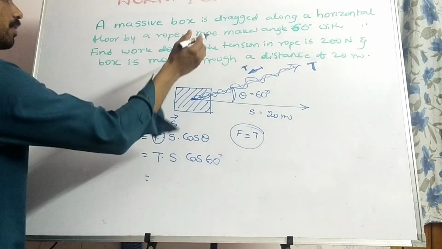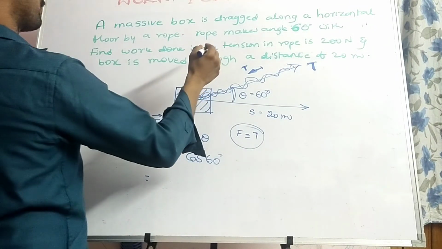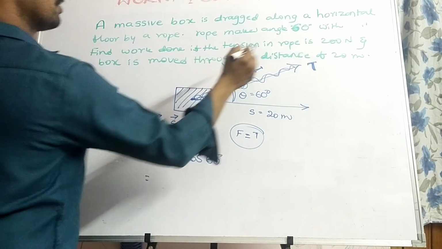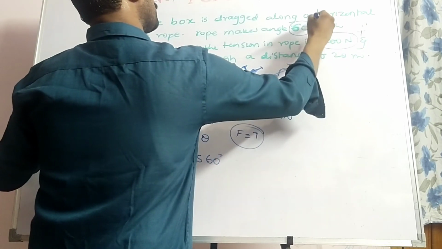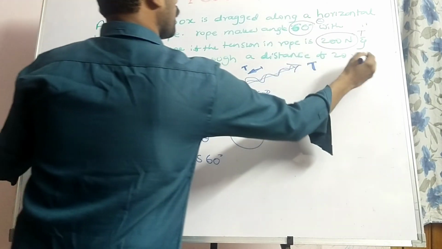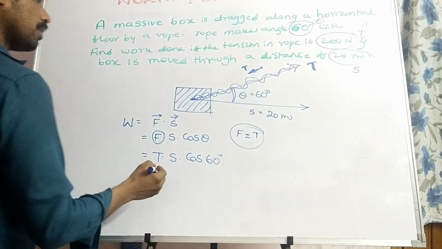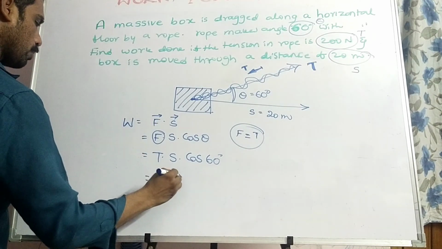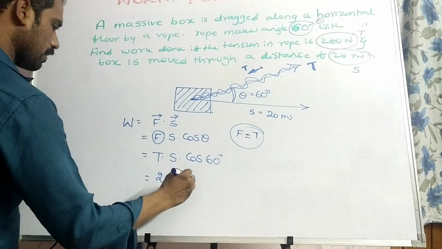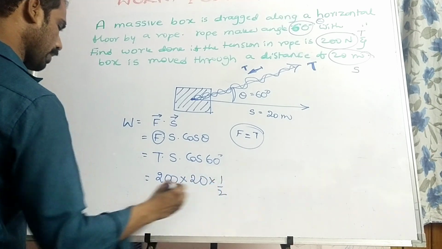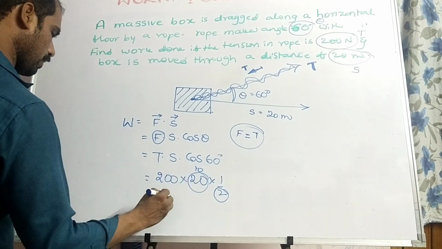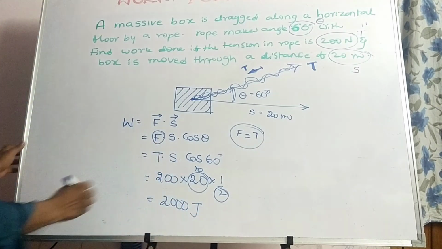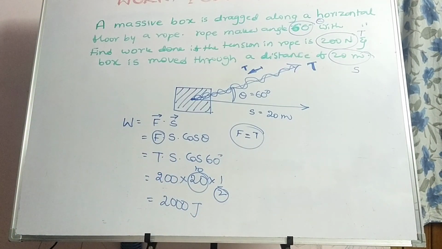The tension in the string is 200 Newton, theta is 60 degree, and displacement is 20 meters. So 200 into 20 into 1 by 2, that is 2 ones 2 tens, equal to 2000 joules. 2000 joules is the work done.